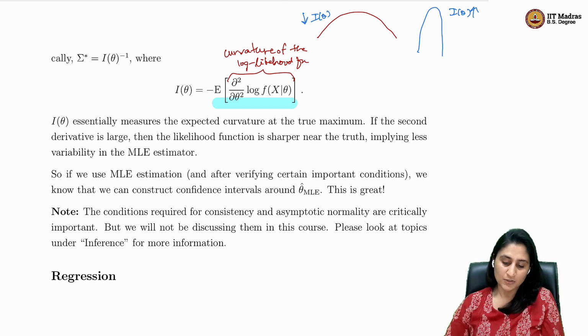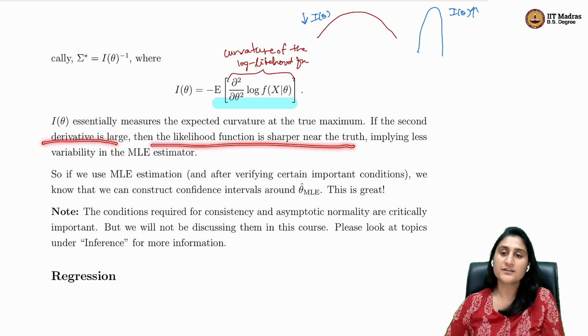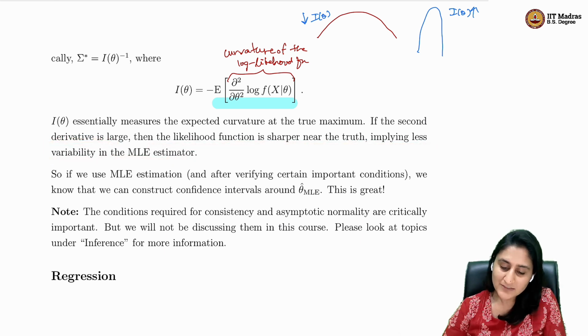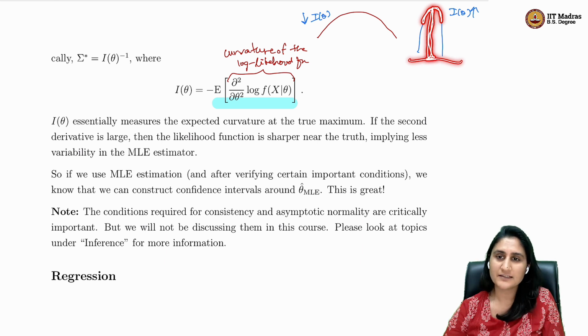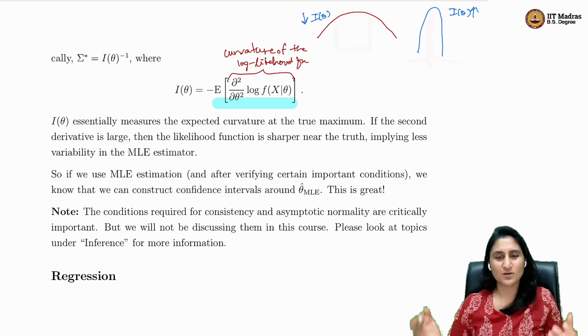If the second derivative is large, then the likelihood function is sharper near the truth, implying less variability in the MLE. Again, we discussed this last time. If this is the expected curvature, then I would expect only this much variability in my MLE. Versus if this is the expected curvature, then I might expect a little bit larger variability, right?